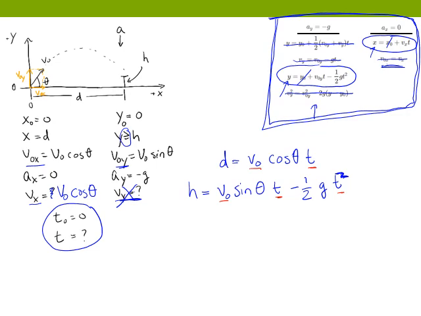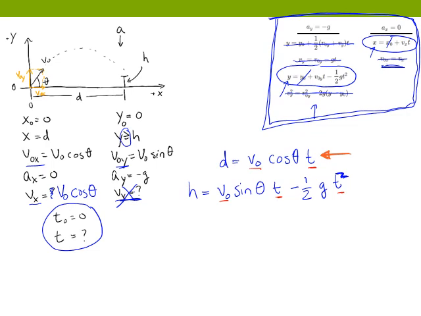I want to solve one of these for time in order to eliminate it from the other equation. Looking at these two equations, this top one, the x equation, is going to be the simpler one to solve for time.